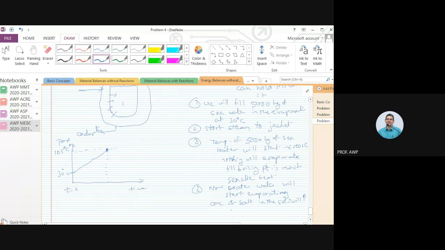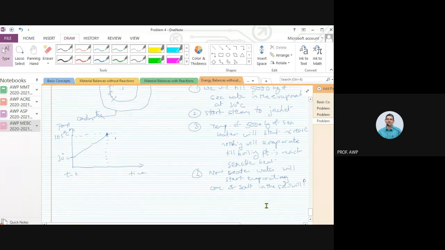It will keep on increasing. And as the salt concentration in the solution keeps increasing, the boiling point will also start increasing. So the temperature will increase slowly because the salt is getting concentrated slowly.